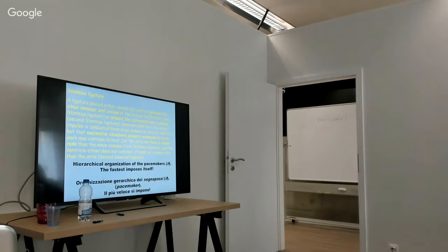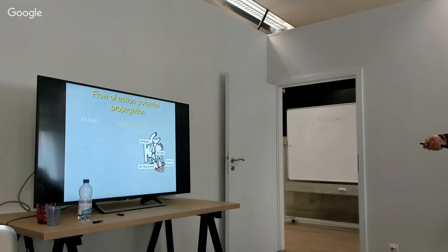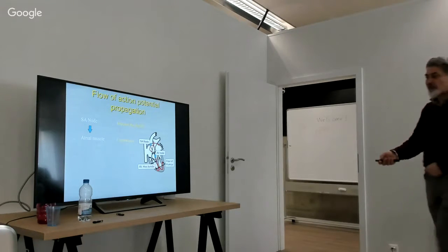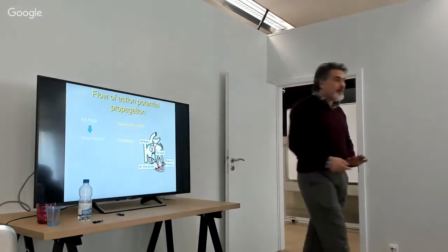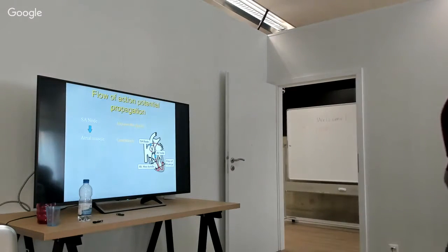the sinoatrial node. The impulse originates here and propagates through some conduction system, fascicles, bundles, autostrade, preferential ways to diffuse and to invade all the tissue.